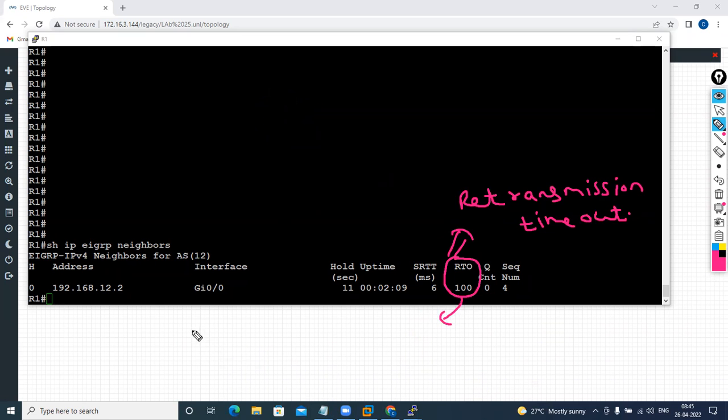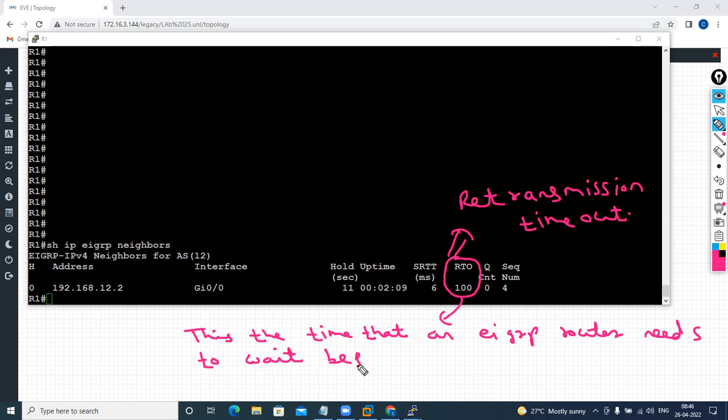So this is the time that an EIGRP router needs to wait before retransmitting.